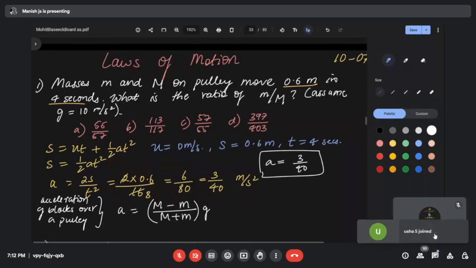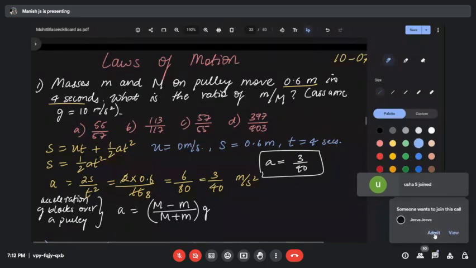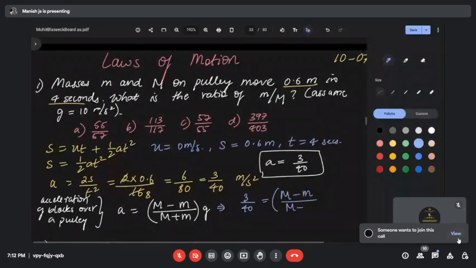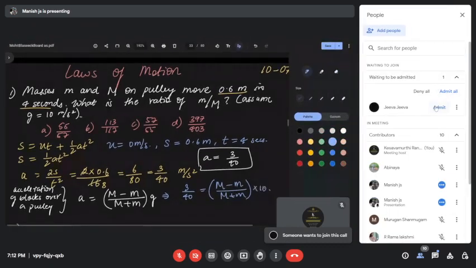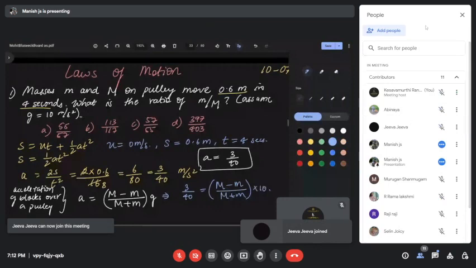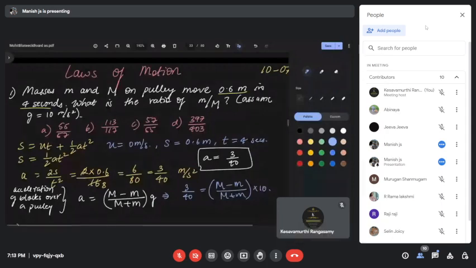You can take g as 10 and start simplifying. So tell me what ratio you get. Rearrange, club the like terms, simplify, and then find out the ratio of small m by capital M.